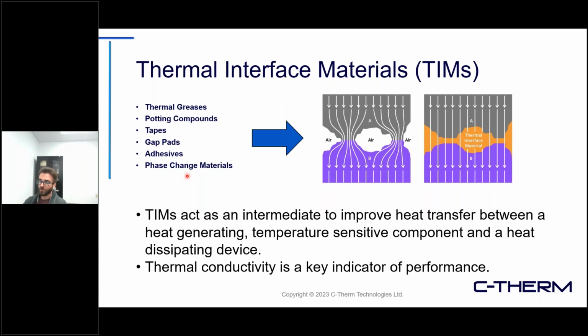And of course, each one of these act primarily to transfer heat between these components. But in all cases, again, thermal conductivity is a key indicator of material performance, as it will really dictate how efficient that heat transfer can happen.